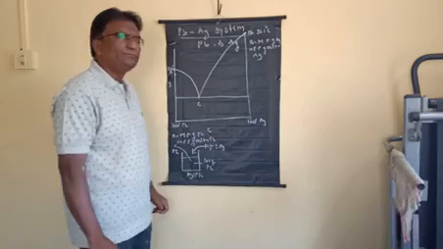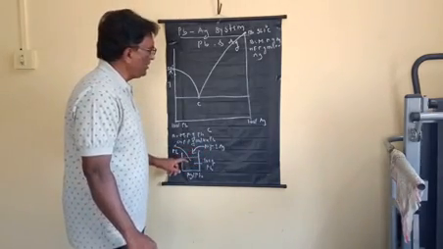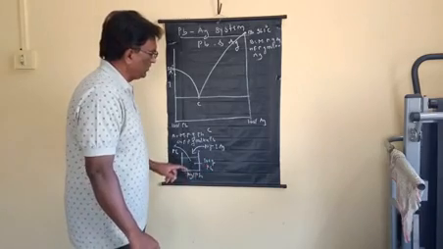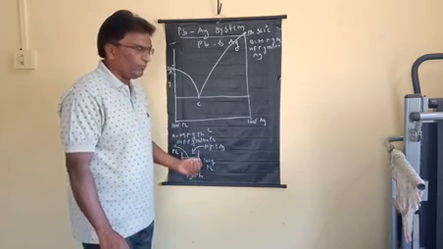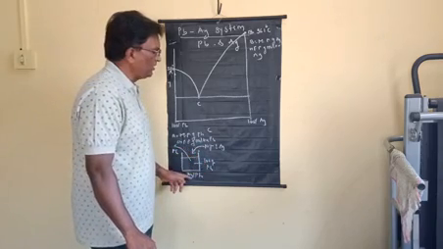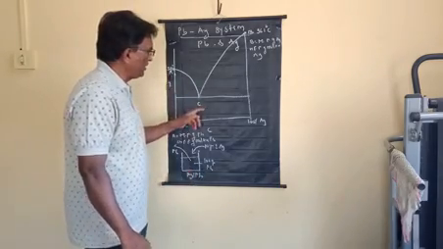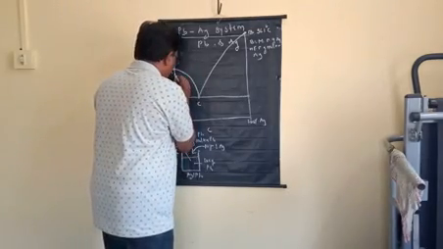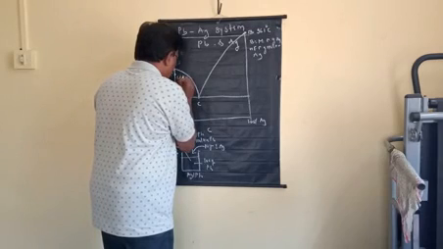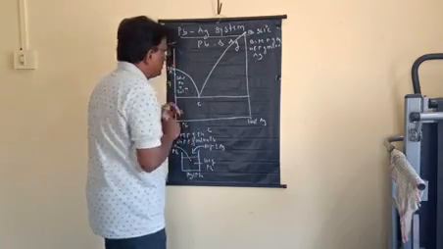And therefore, on continued addition of Ag in a molten mass of Pb, solid Pb separates out and remains in equilibrium with solution of Ag in Pb along the curve AC. That means along the curve AC, solid Pb remains in equilibrium with solution.